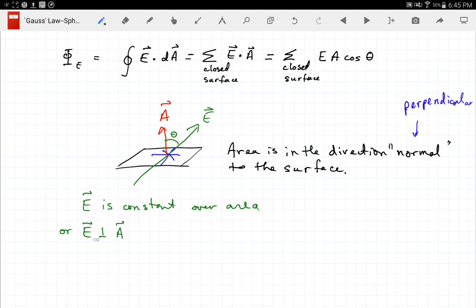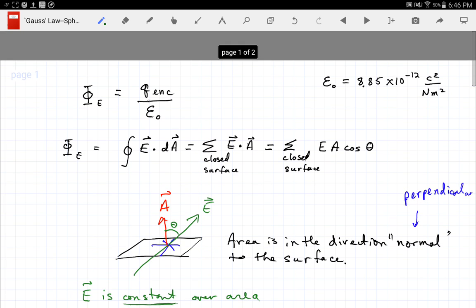If the electric field is perpendicular to the area, then E dot A equals EA cosine theta is just equal to 0. So there's no flux for a surface if the electric field is perpendicular to the area. If the electric field is not perpendicular, then we're going to need to have a constant electric field over the area and a constant angle between the electric field and the area. So that's what the flux part is.